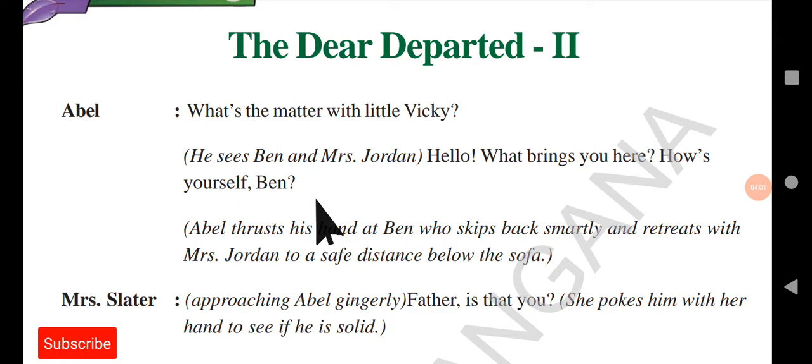Since this girl came running, her grandfather Abel Meriwether saw her and thought something had happened to Victoria. So he's asking what happened to Vicky. After that, he also sees Ben, his son-in-law, and Mrs. Jordan, who is Elizabeth, the younger daughter. He looks at them and says, hello, what brings you here? What is the reason for coming? And he's also asking how Ben is.